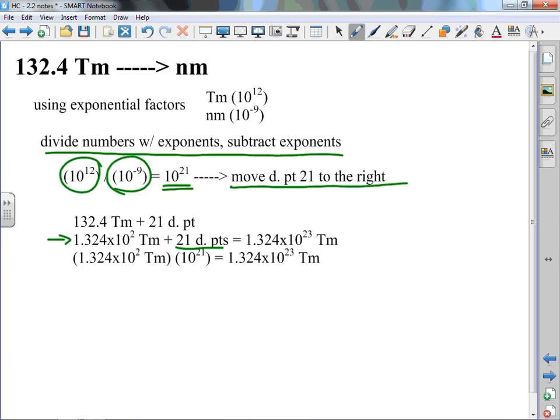Or, what we're literally saying is 1.324 times 10 to the second times 10 to the 21st. That gets us the same answer. Again, you do not have to show using the exponential factors, but it can be very useful if we want a quick comparison.